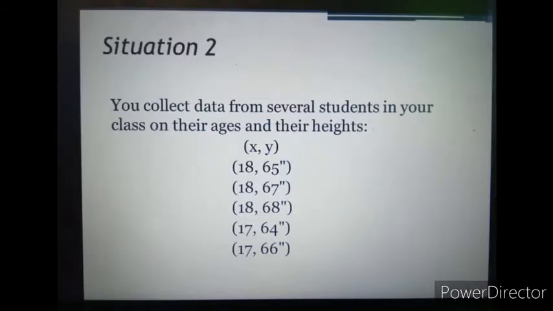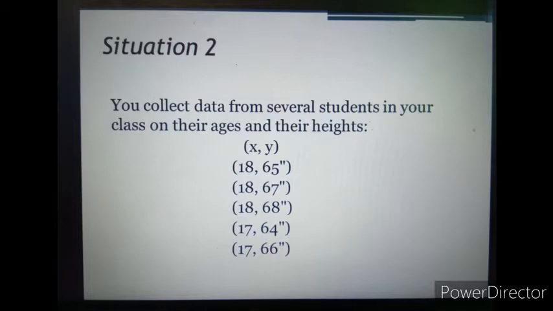Now, let's examine situation number 2. As you can observe in the data collected, if you get 18 as your input and put that in the function, you will have outputs of 65, 64, and 67.